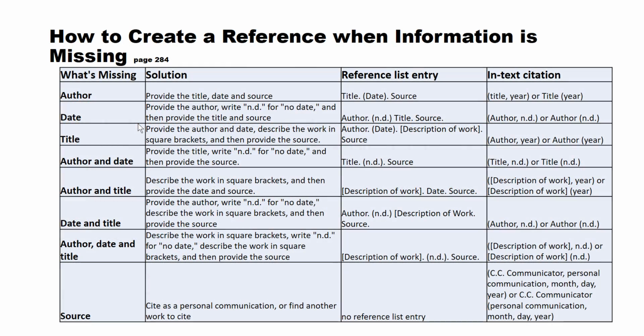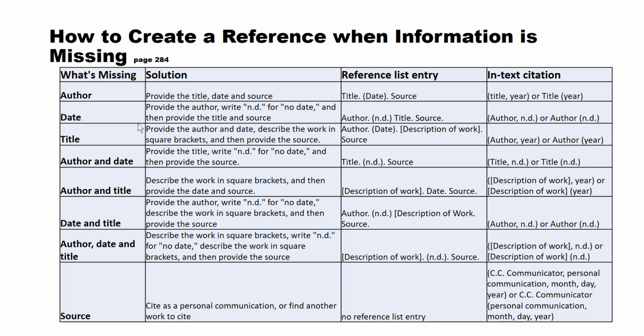The first topic, before we go into the other resources, let's talk for a minute about how to create a reference when information is missing. This table on this page was taken from page 284 of the APA Style Manual. It shows what to do if one of the elements is missing.